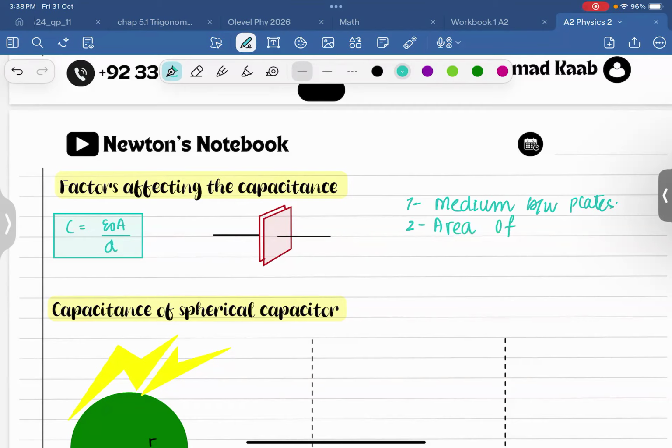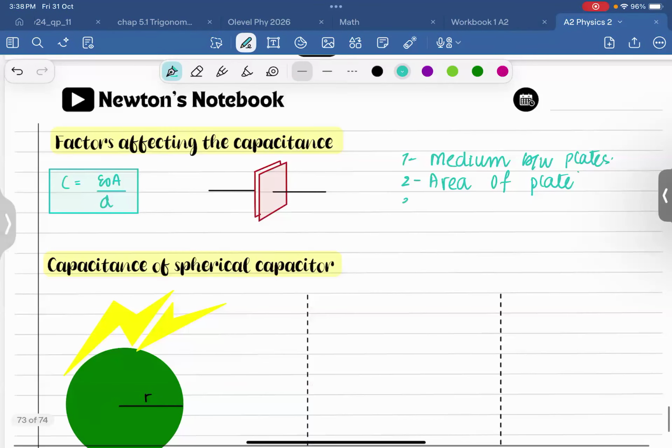Area of the plate, right? And the third thing is the separation between the plates. If you decrease the separation, there will be greater capacitance, and if you increase the separation, there will be lesser capacitance.